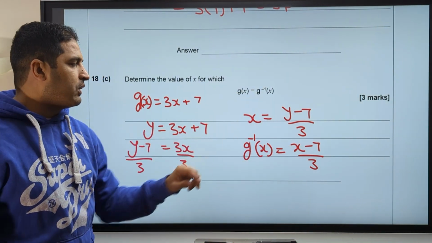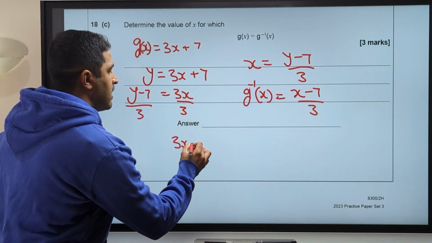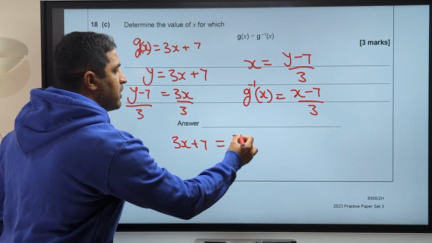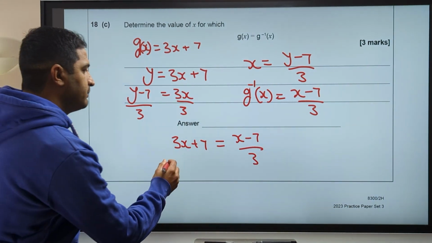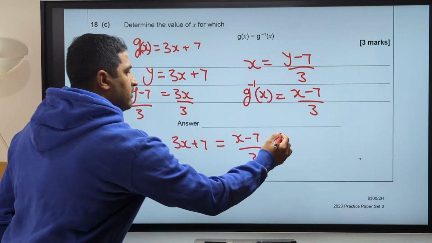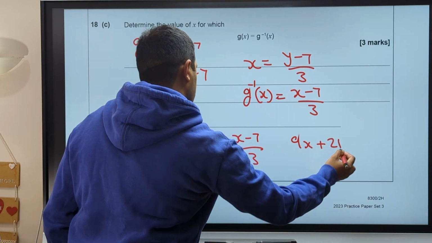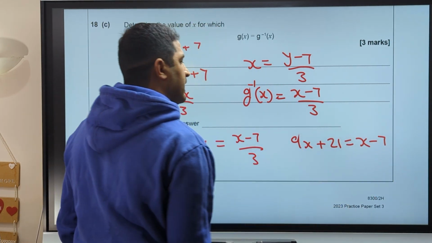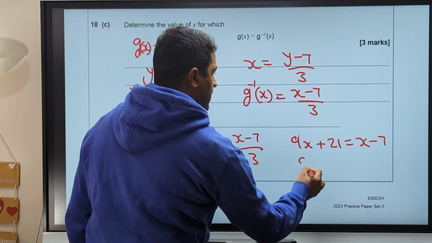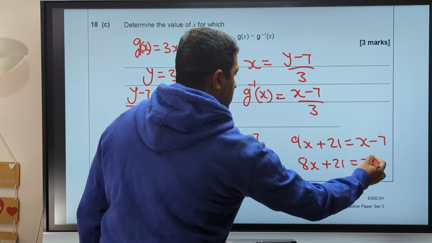When are they equal to each other? So we're making them equal to each other, saying 3x plus 7 is equal to x minus 7 over 3. Multiply both sides by 3, we get 9x plus 21, which is equal to x minus 7. Take away x from both sides, you get 8x plus 21 equal to negative 7.